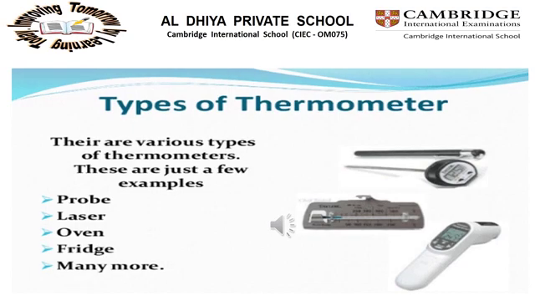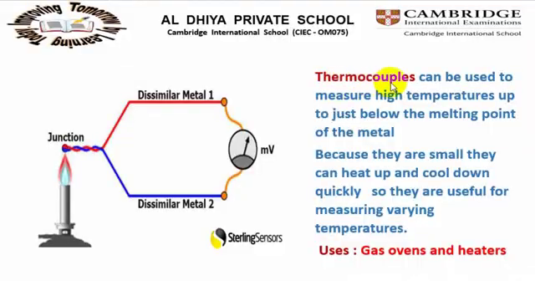Types of thermometer. There are different types of thermometers such as probe, laser, oven, fridge, and many more. Thermocouple. Thermocouple is a sensor which is used to measure high temperatures up to just below the melting point of the metal.